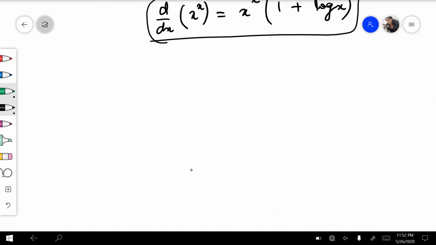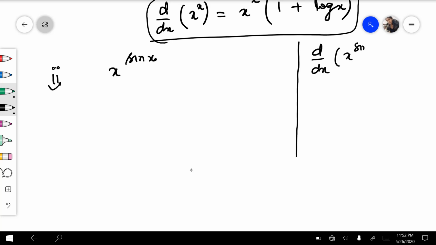Second part is x raised to power sin of x this time. Let's solve this thing objectively. d by dx of x raised to power sin of x. ध्यान से सुनिएगा.